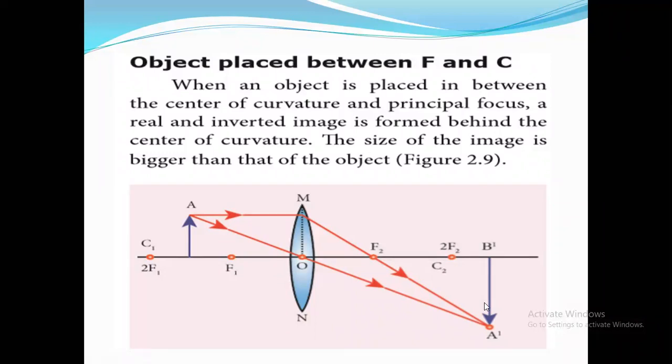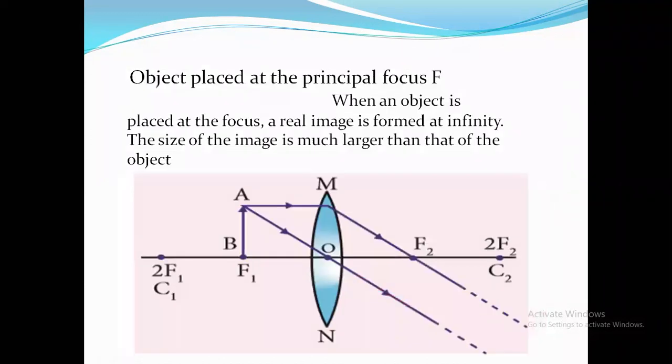Next, the object is placed at the principal focus. Now the object is kept at the focus. What will happen? The two rays pass through this. We take only two rays, though there are rays in all directions.